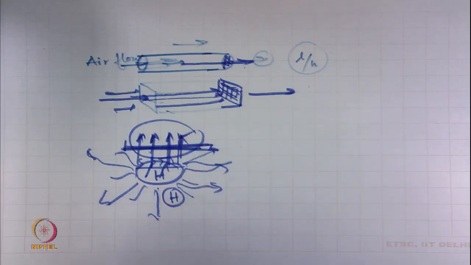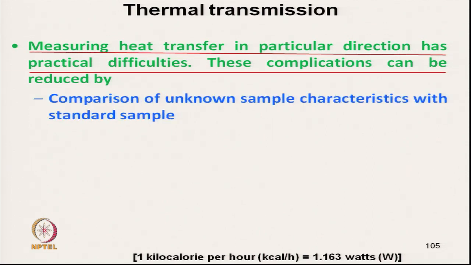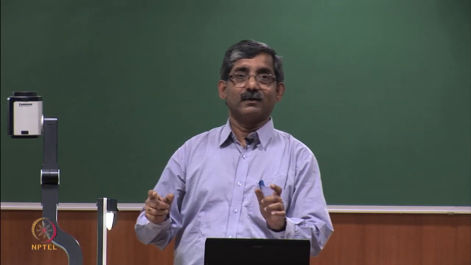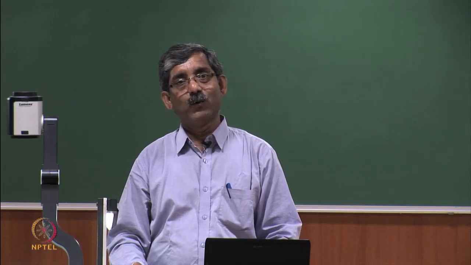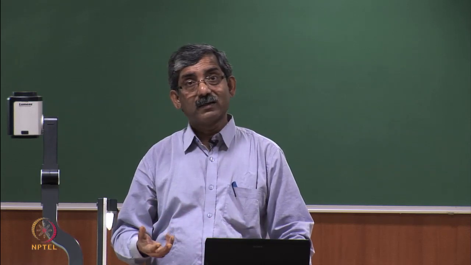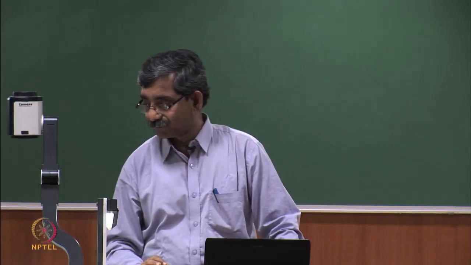Typically two approaches are used. Approach one is comparison of unknown sample characteristics with a standard sample. If we can compare the thermal resistance of the unknown sample, that is our fabric, with a standard sample, in that case we can measure the thermal resistance of a particular fabric.